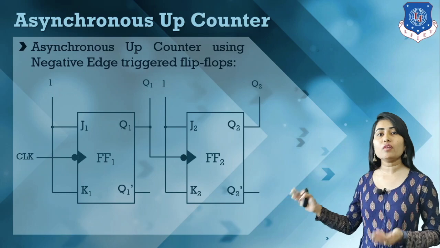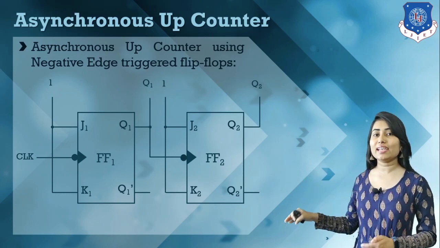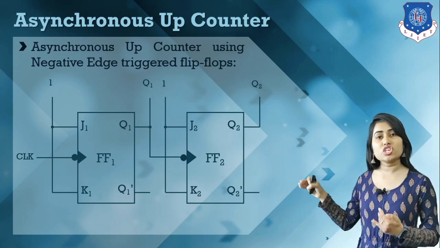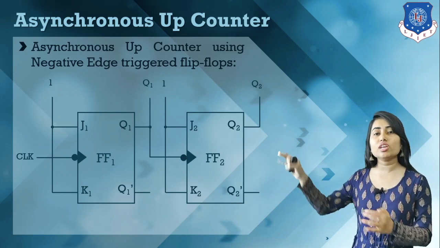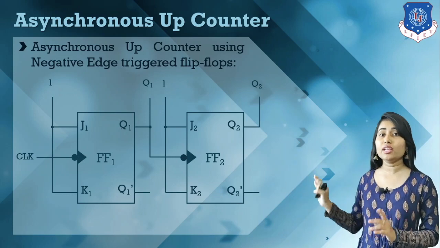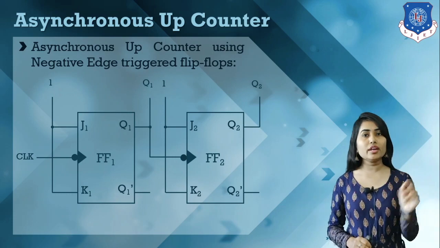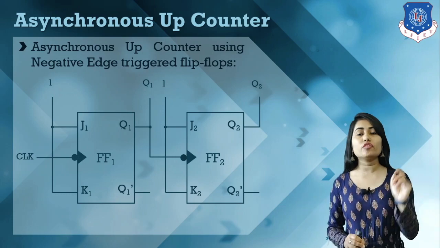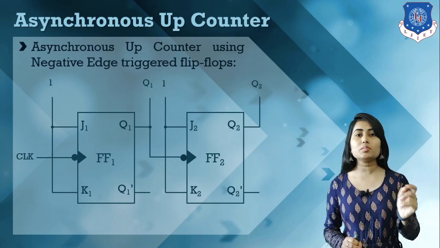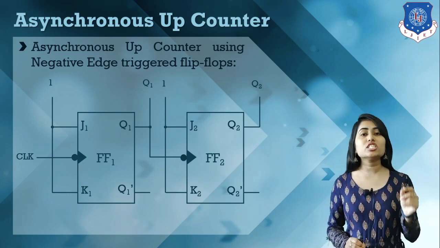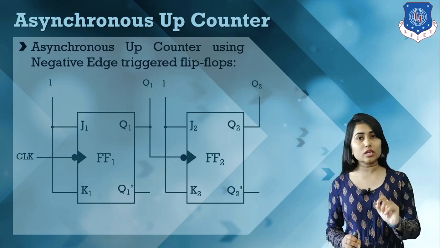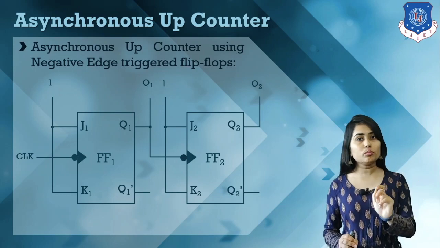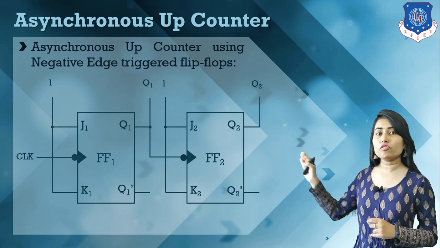Now here we have 2 flip-flops with J and K, 2 inputs. In J and K we apply 1, in both the flip-flops. Remember, in an asynchronous counter we have to use our flip-flops in toggle mode. That means all the time we apply 1 as an input.